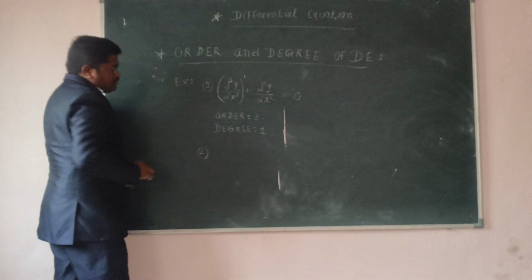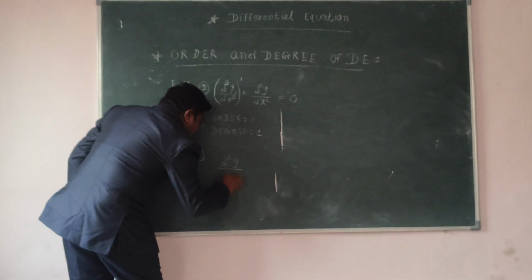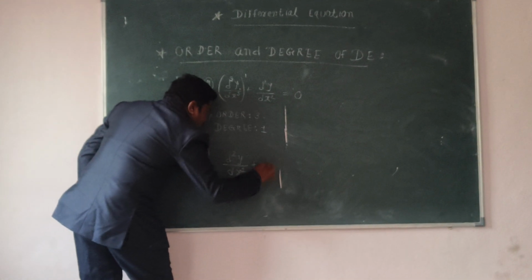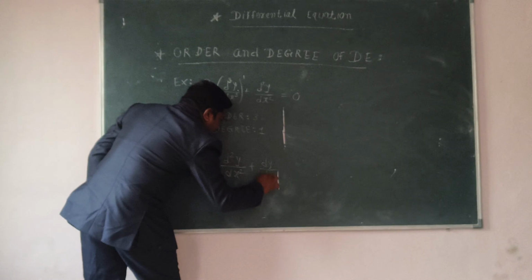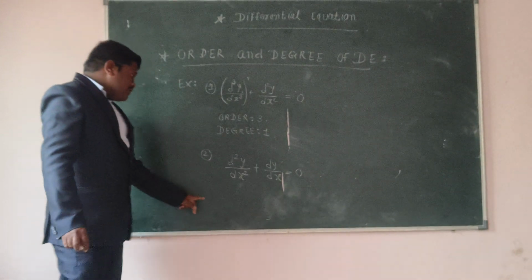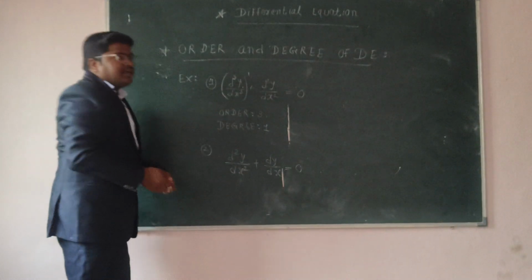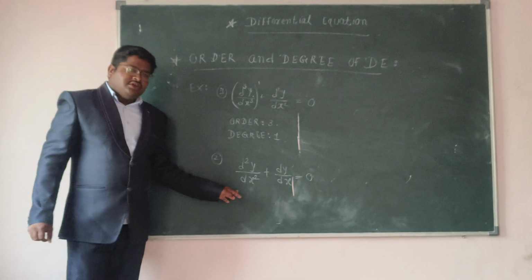The second example is also noted: d square y by dx square plus dy by dx is equal to 0. In these equations, the highest order derivative present is 2.